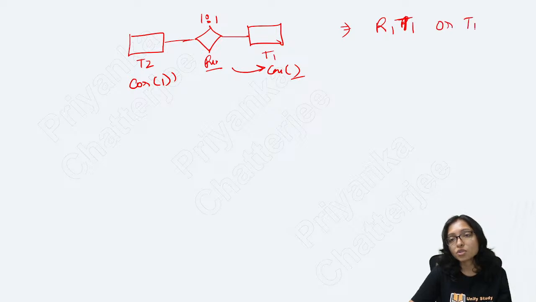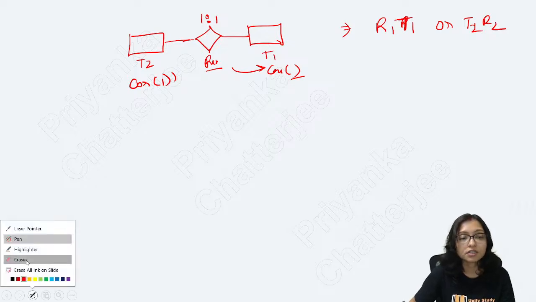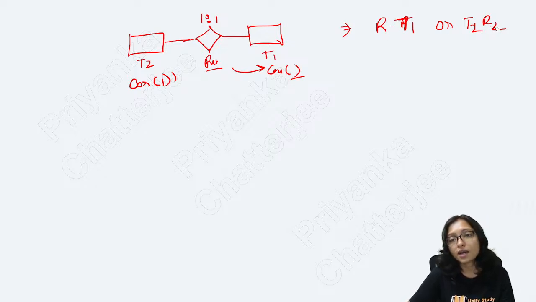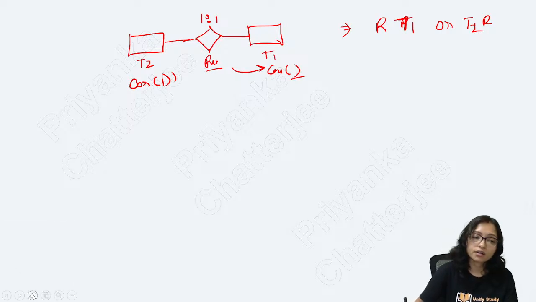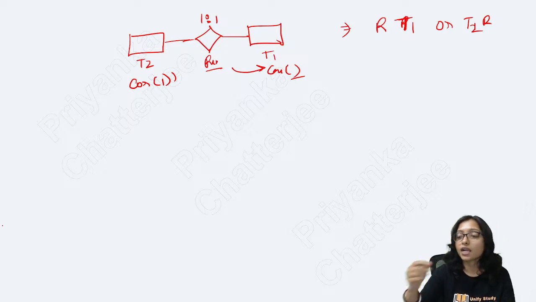Either you can do T1 R or you can do T2 R. There is only one relation, so you can add the relationship with either one.